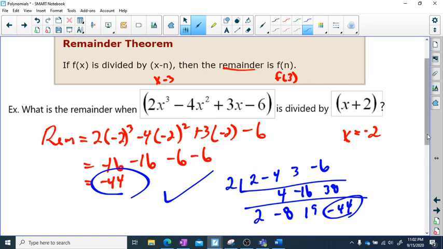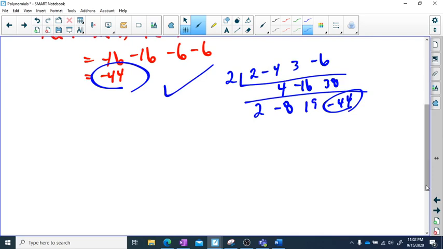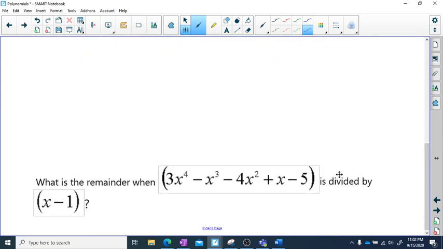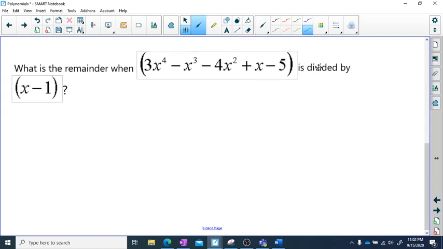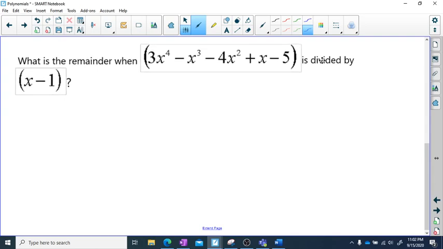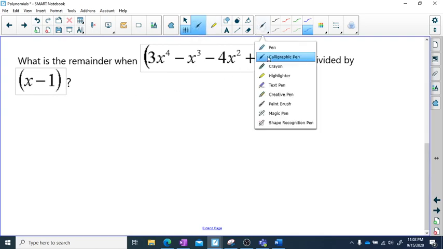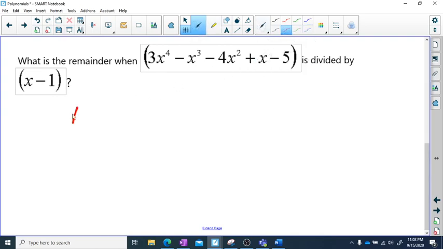All right, let's have a look. If I said, what's the remainder when this is divided by x minus 1? So without actually dividing it out, let's figure out the remainder. So we're just going to, like we did before, use the remainder theorem. So the remainder will be, I'm going to substitute this time, x equals 1.